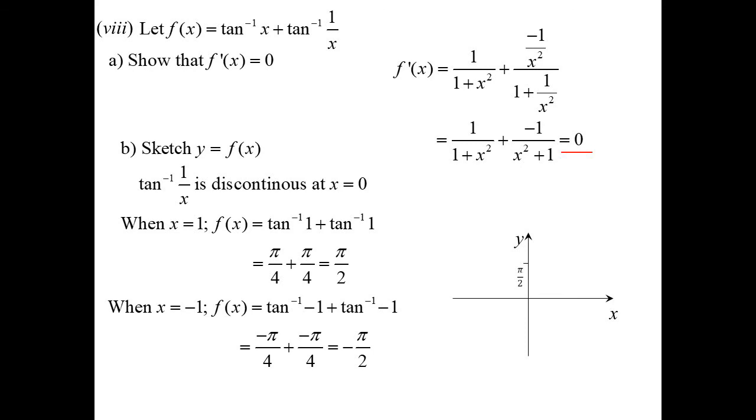Forgetting, let's draw it, there's pi on 2, forgetting that it's discontinuous at 0, and so that is actually the graph. So when it's positive, it's pi on 2, and when it's negative, minus pi on 2. So be careful. Make sure you take into consideration the domain of the actual function with that sort of question.